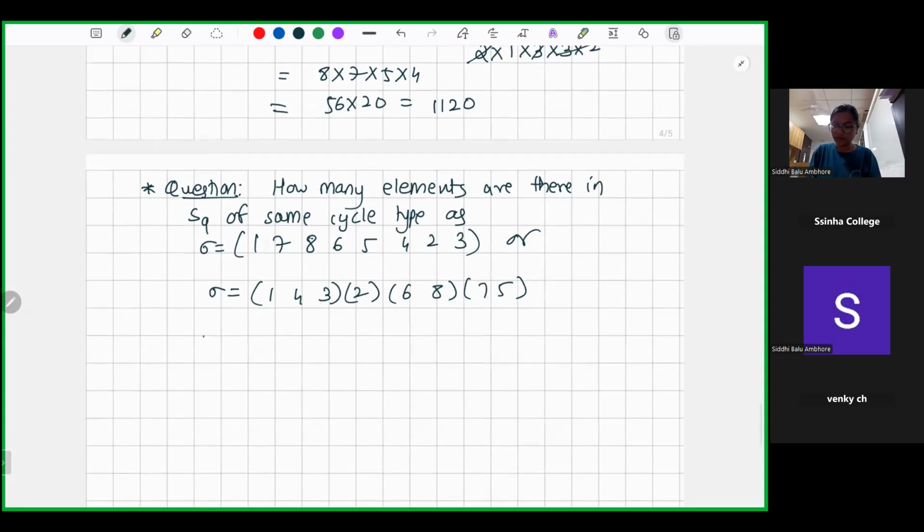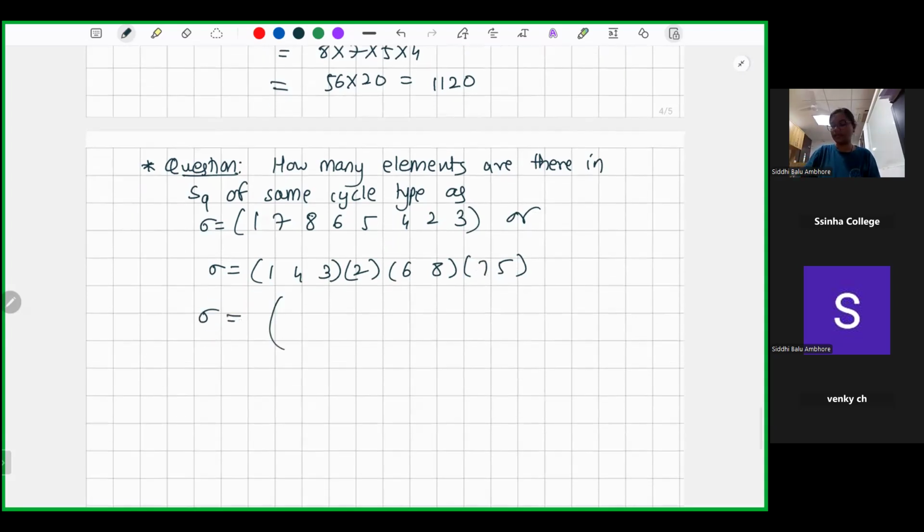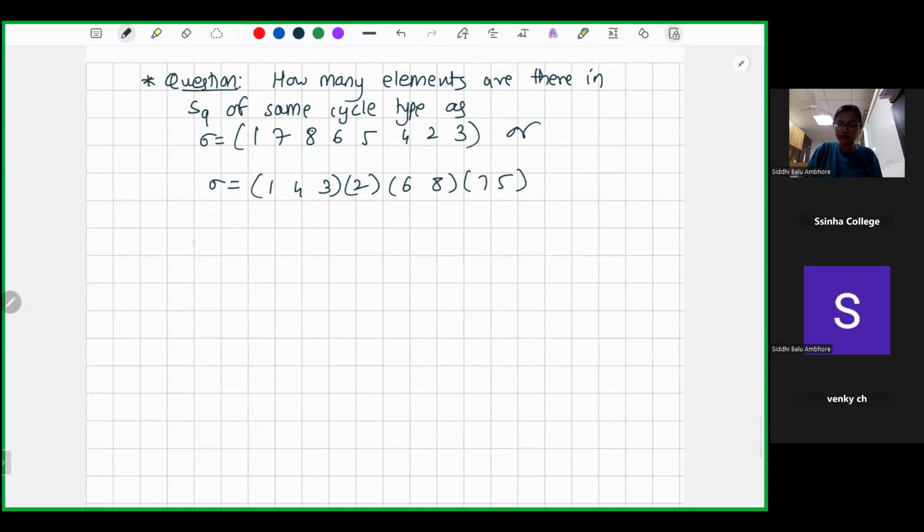Yeah. Or they can give it in two-layered, two-row cycle form, anything of this sort.